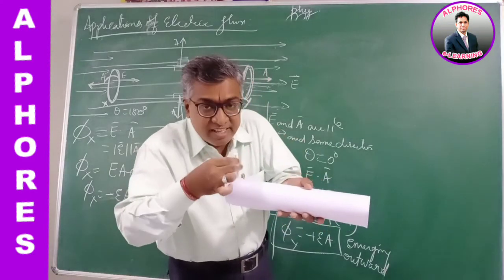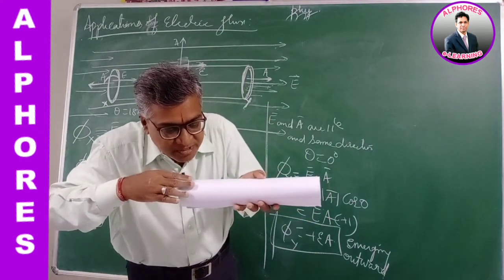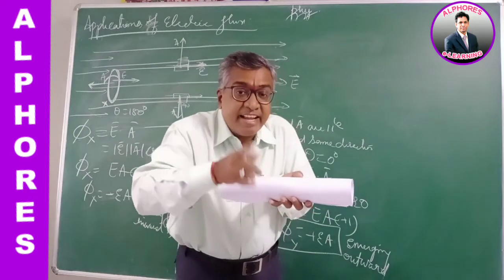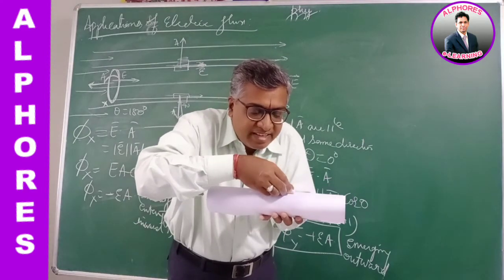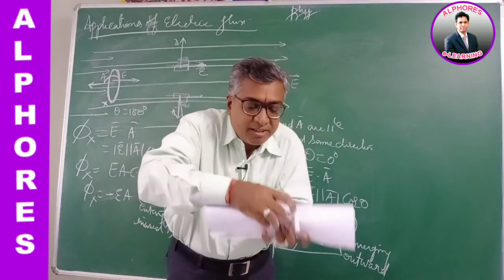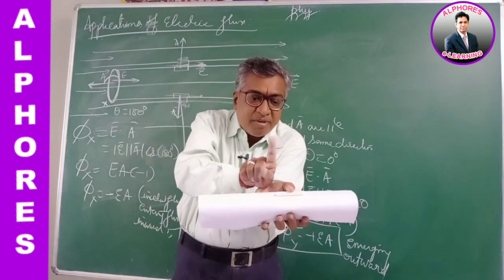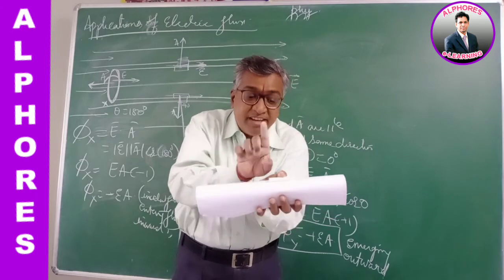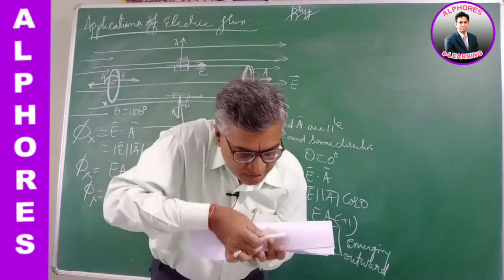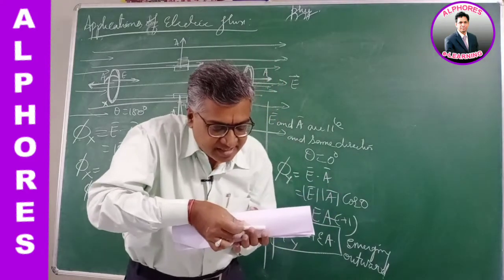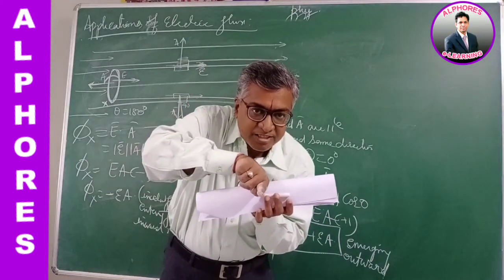At any point it is outward and the lines of force are along the surface. The electric field is along the surface, along the chalk face, and the area element is normal. The angle is 90, perpendicular. Here also the electric lines of force are along the chalk face like this and the area element is normally away.